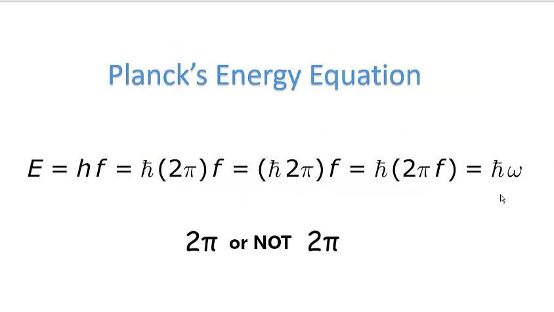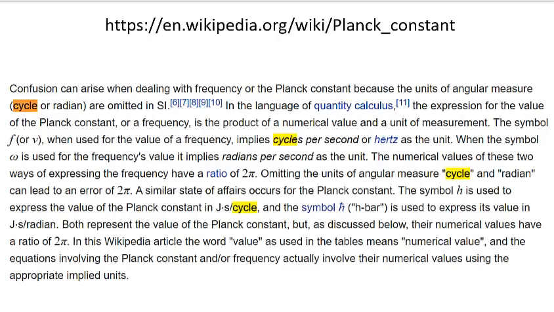When you use angular frequency, you have to use standard alpha. But I don't want to use angular frequency, for the reason outlined in this Wikipedia page, because I don't want to use radians per second. Radians per second isn't as meaningful to me as cycles per second.